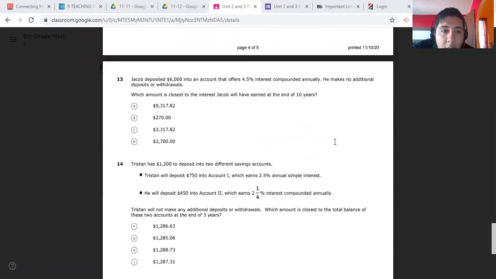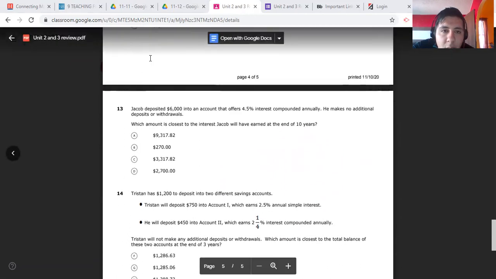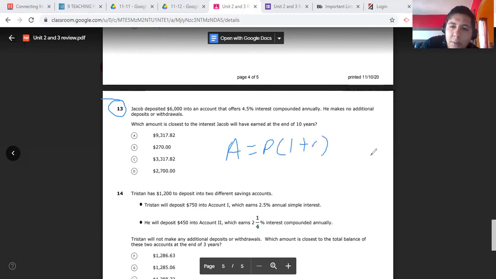Okay, so let's now do this one with compound interest, okay? Because compound interest is a different formula. Compound interest formula is A is equal to the principal, and we're going to add 1 to the interest rate, and we're going to raise it all to the power of t, or the power of the time. Okay.